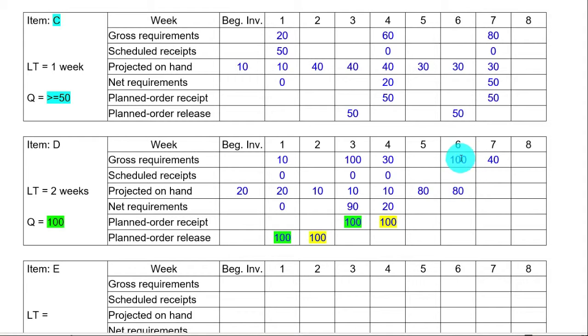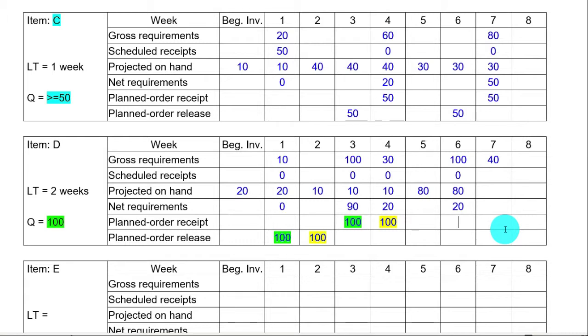80 on hand. Week 6, 100 minus 0 on order, minus 80 on hand, 20 net requirements. At least 20 must arrive just in time.